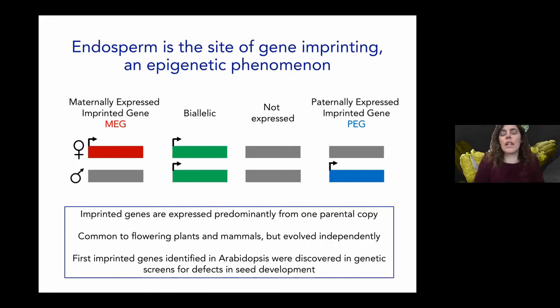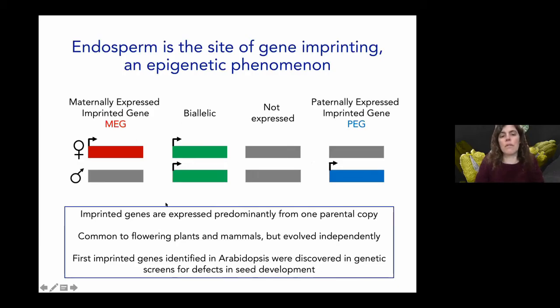Imprinting describes a situation where alleles of genes are expressed differently depending on whether they're inherited from the male or from the female parent. This occurs in flowering plants and in placental mammals, but in plants occurs only in the endosperm tissue.